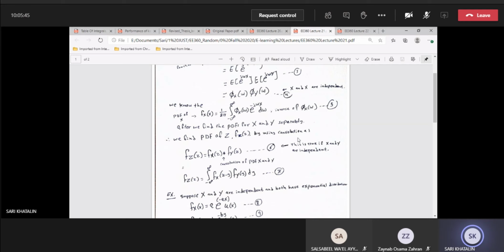As you can see here, the convolution approach is given in equation 6. So if we need to find the PDF of Z, you will take the convolution of the PDF of X and the PDF of Y in terms of Z. This is true if X and Y are independent, and this can be written in this approach right here.